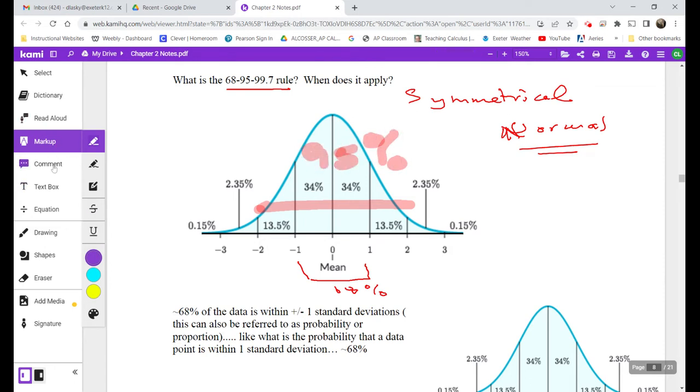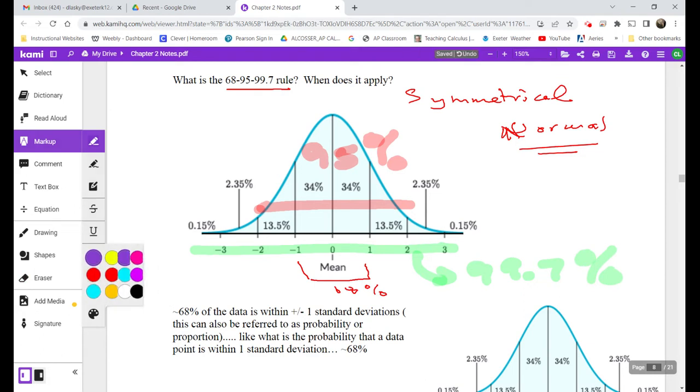And then the last one, and this is true for all normal ones, if I add up all 3 of them, I get 99.7%, okay? And then the last little bits are way out here, and we don't usually use those very much.